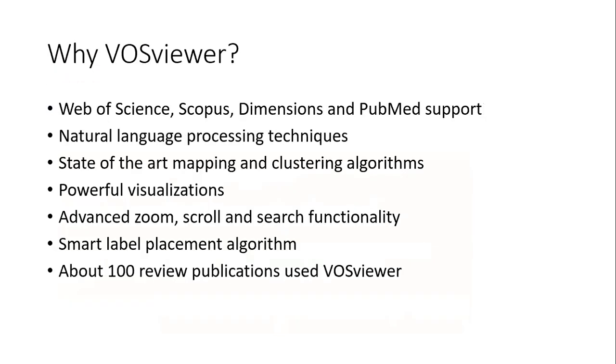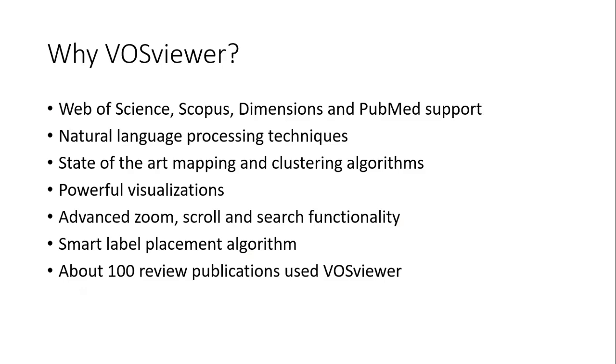So why use VOSviewer? Because there are a number of tools that can be used to do bibliometric analysis. VOSviewer supports popular databases such as Web of Science, Scopus, Dimensions, and PubMed, and it also uses powerful natural language processing techniques, mapping and clustering algorithms.